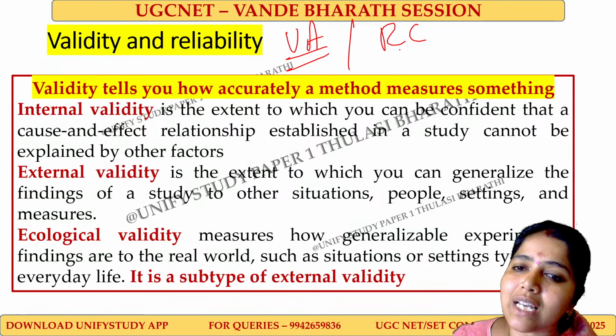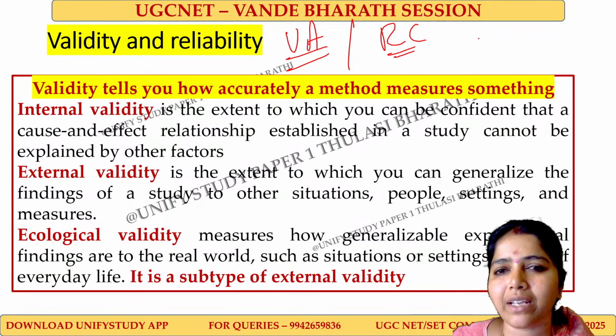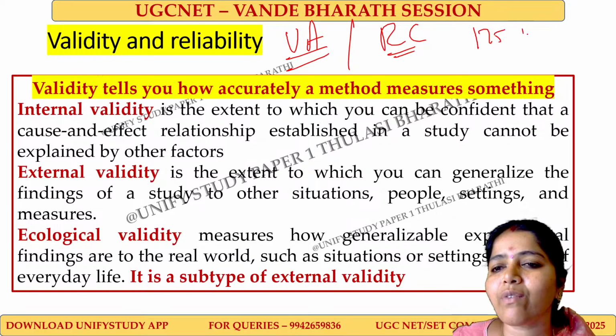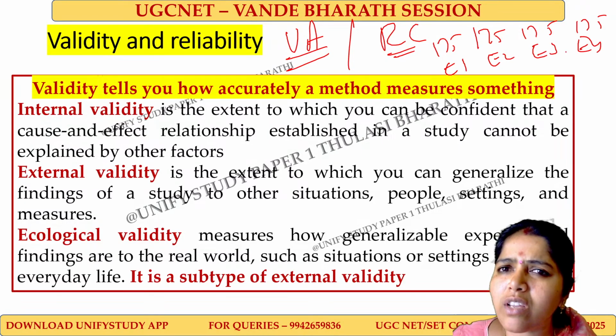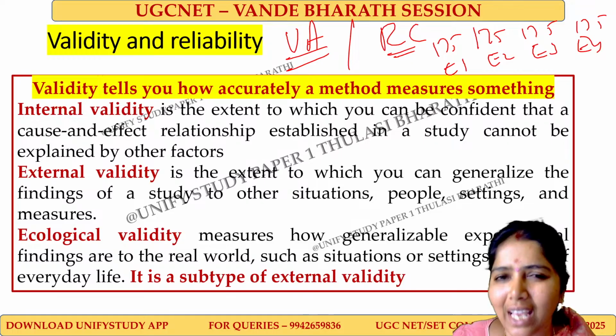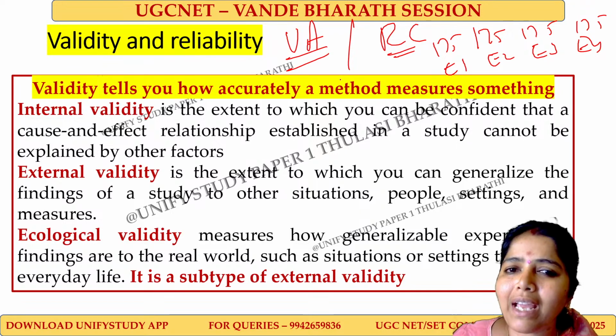Even though it is reliable, giving the same answer, see, I am taking my height, and it gives me 175, 175, 175, 175. 4 times I am doing this experiment, experiment 1, 2, 3, 4. All 4 times it gives 175. Can I say it is right? No, because when I validate this data, my valid height is 165.